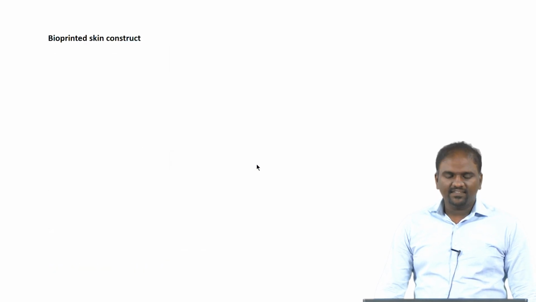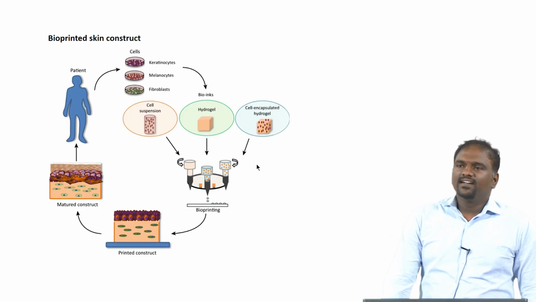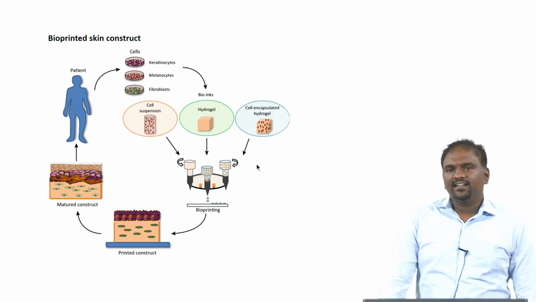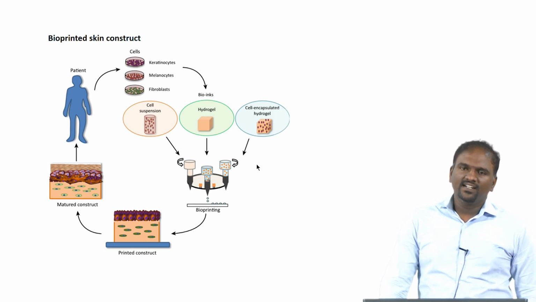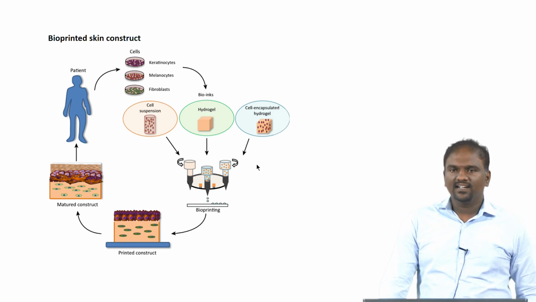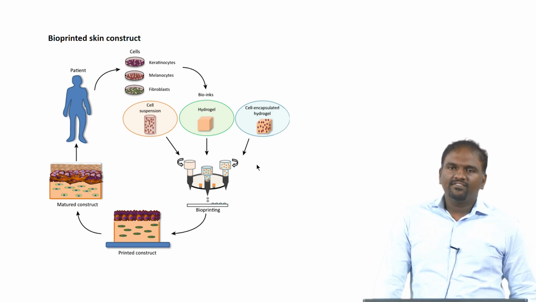So, in case of 3D bioprinted construct, as we discussed in the design criteria, we need to have the scaffolds. That graft can be acellular or cellular. If we want to make an acellular scaffold or graft, we need only polymer, and whatever structure we need to print will be printed.